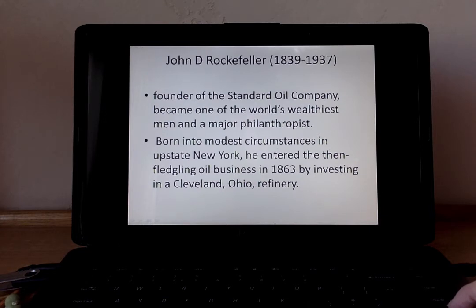John D. Rockefeller was the founder of Standard Oil Company and became one of the world's wealthiest men, a major philanthropist. Later on we will see what philanthropist means. He is like the role model of the American dream: start small and grow big.